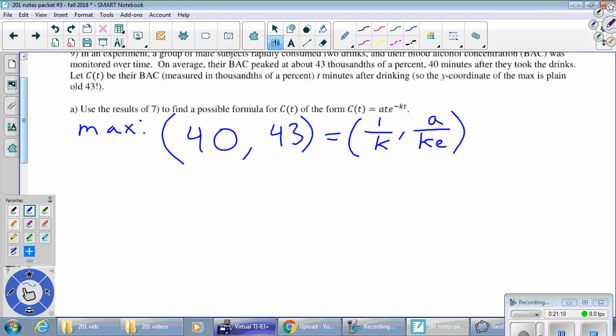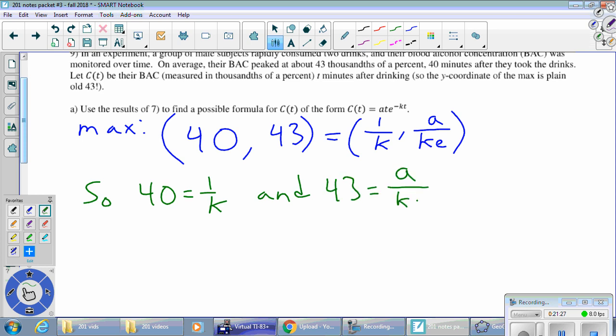So if we make these two things equal, that means we can say that 40 is equal to 1 over K and 43 is equal to A over KE. So it's just making the coordinates equal individually.